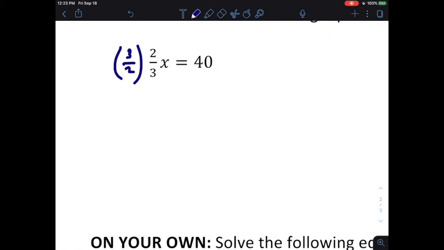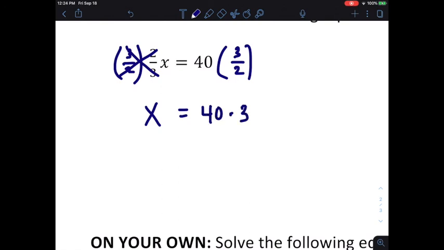So if I do 3/2 on the left-hand side, I'm going to multiply by 3/2 on the right-hand side. So when I do that, the 3 cancels the 3, the 2 cancels the 2, so I'm left with x over here. And then if I write out what is actually happening here, if you remember the top number, the 3 in this case now, is multiplying, and the 2 is dividing, I'm going to have 40 times 3, and then divided by 2.